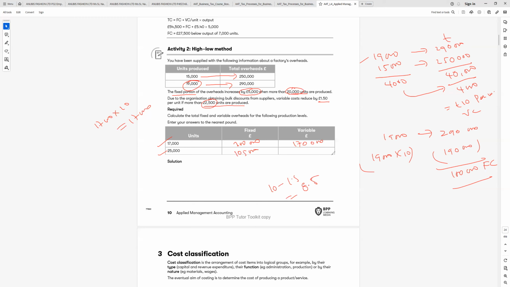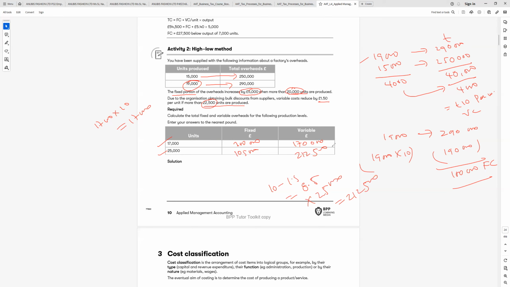If I make 25,000 units, I multiply 8.5 by 25,000, and that will be 212,500. So my variable cost is reduced by 1.5 if I make more than 22,500 units.